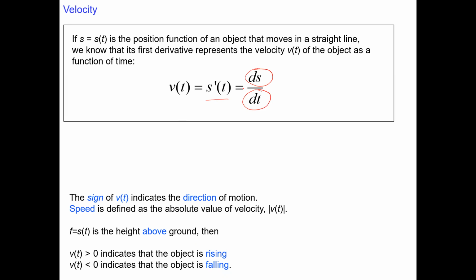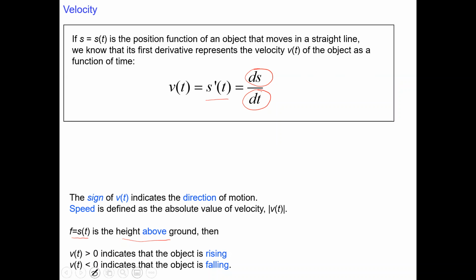Now, the sign of the velocity indicates the direction of the motion. For instance, if the position function is the height above the ground, then positive velocity indicates that the object is rising.